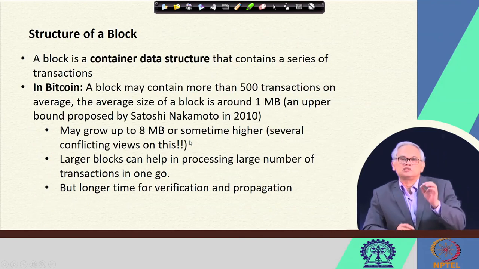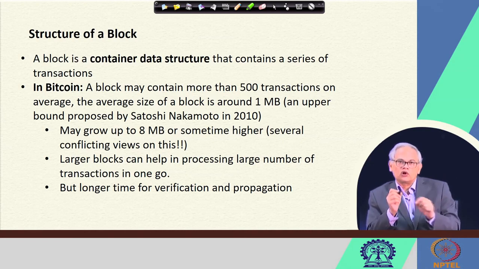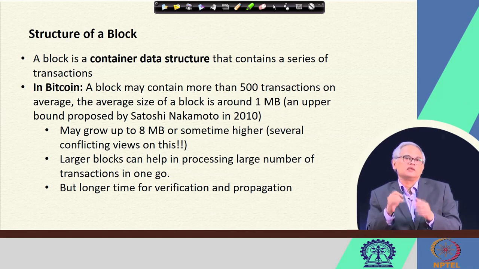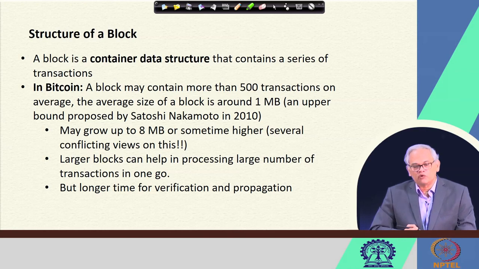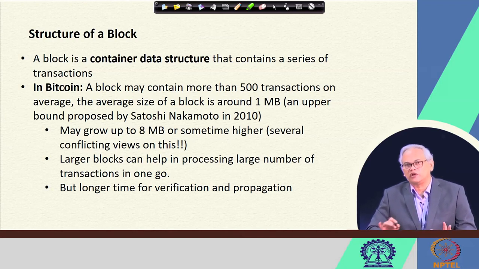In Bitcoin, now as I said the concepts are generic in nature, but we will talk specifically about Bitcoin so that the understanding can be much clearer, and you can extend the same concepts to other blockchains also. In Bitcoin, a block may contain more than 500 transactions on average. Roughly there are somewhere between 500 and 1000 transactions.